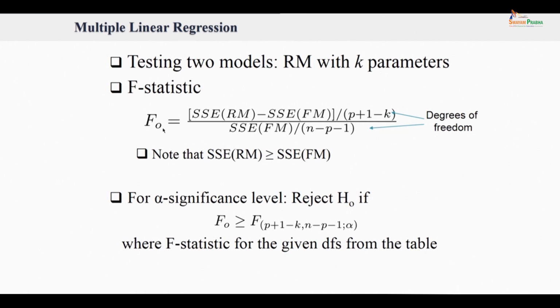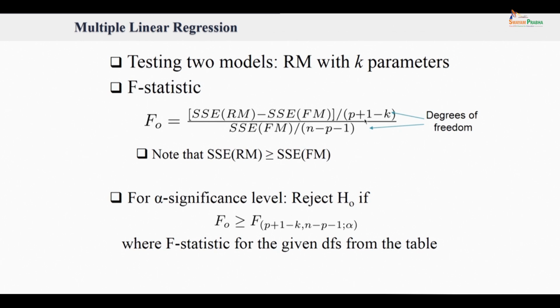Now if we want to reject the null hypothesis, or test the null hypothesis against this alternative, we find the test criterion for the alpha level of significance. We will take it from the F distribution, where the numerator degrees of freedom is p plus 1 minus k.